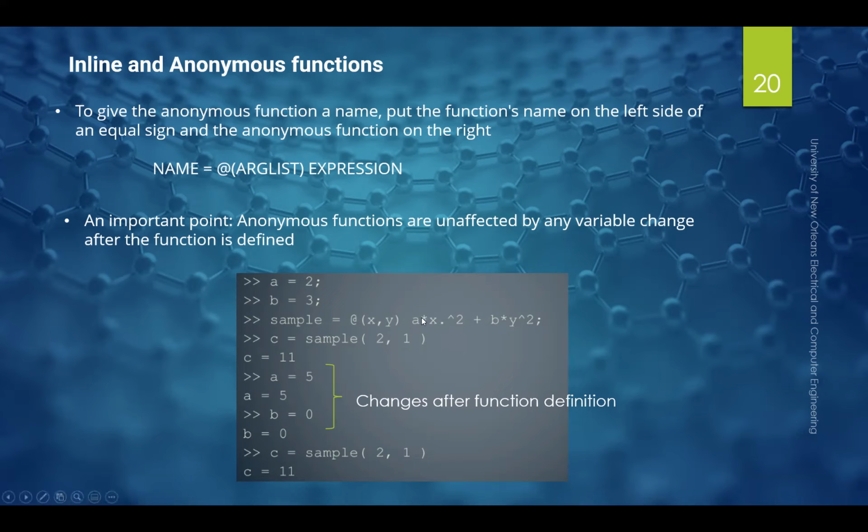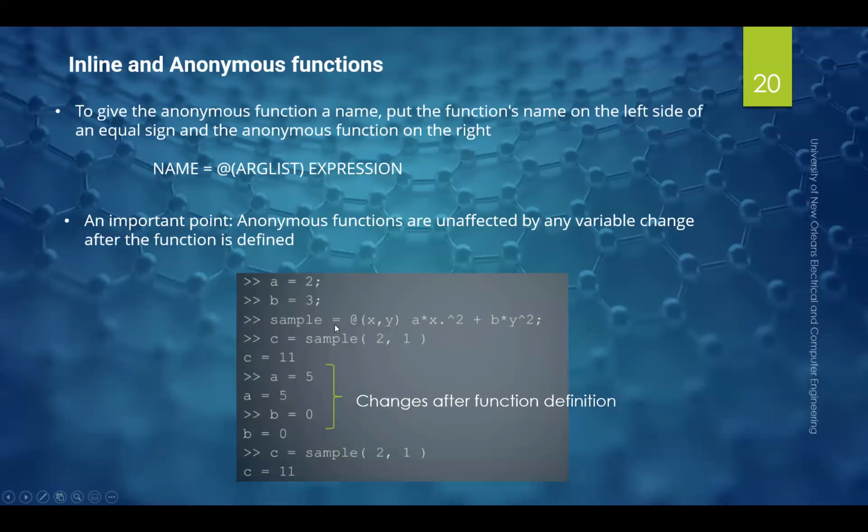So this is the function that we want to use, ax squared plus by squared. We define a as 2, b as 3, okay? And so these are the list of the arguments that are included in the function itself. We have two variables, x and y, that are part of the function here, the expression, if you will.